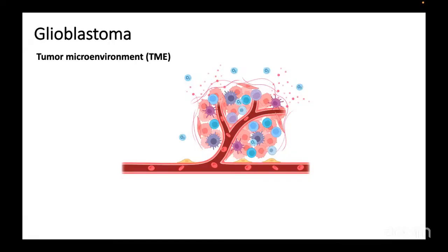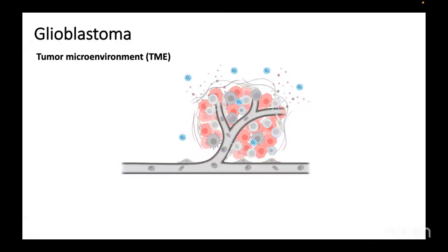A particularly important agent of this tumor microenvironment for glioblastoma is oxygen.